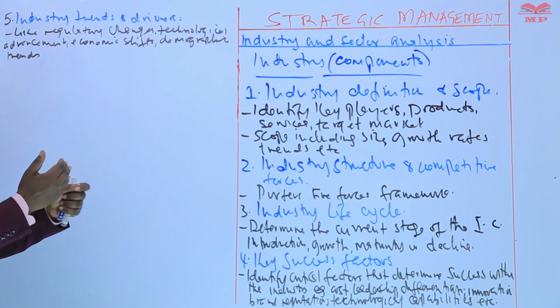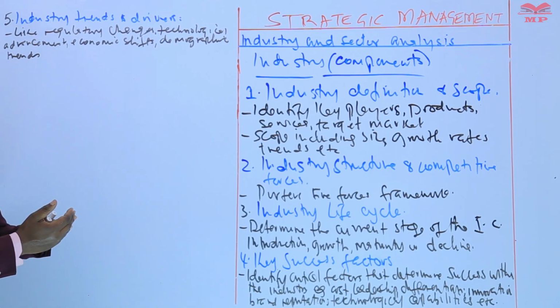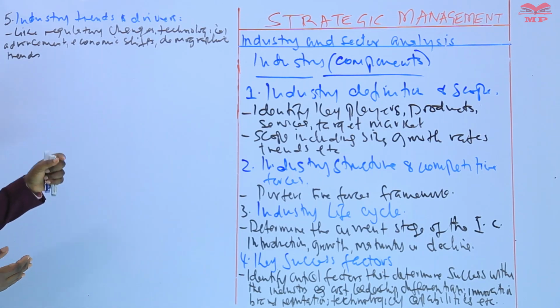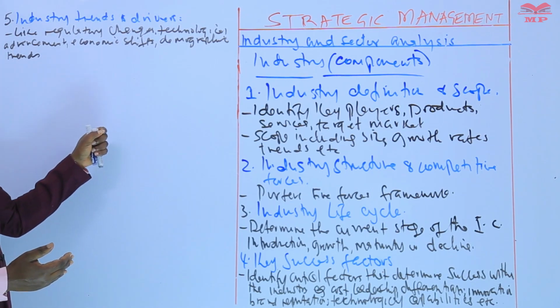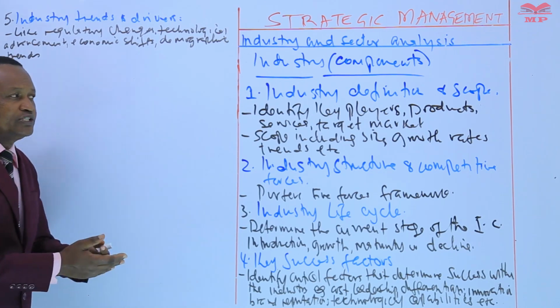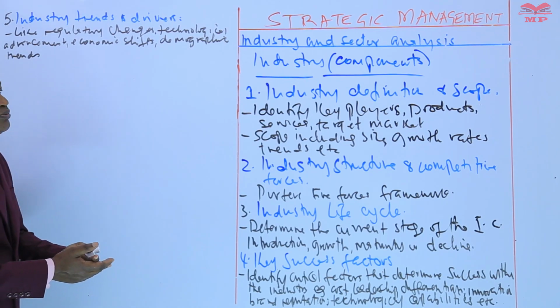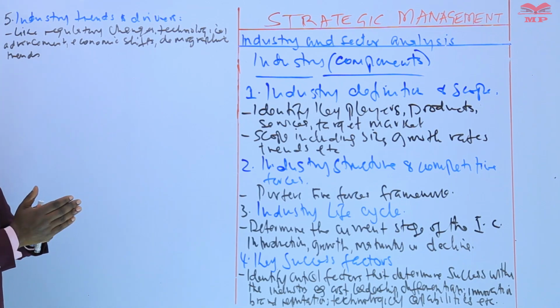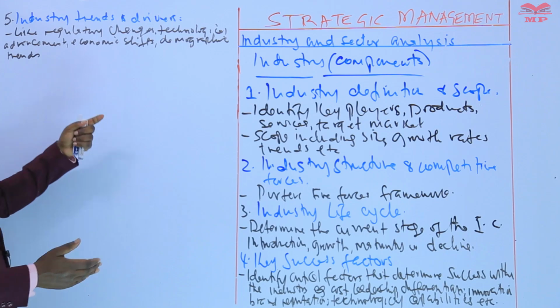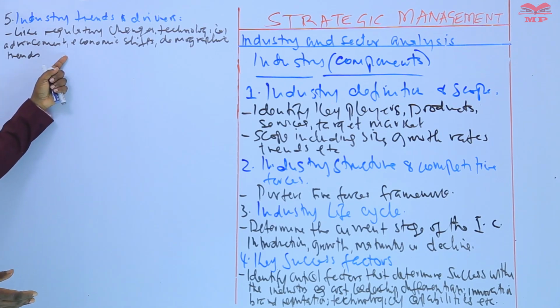When that is determined, then it becomes very easy to identify the potential opportunities and threats, so that the company can start preparing on how it's going to exploit such opportunities, and also how it can deal with the threats that may be posed by these industry trends and drivers.